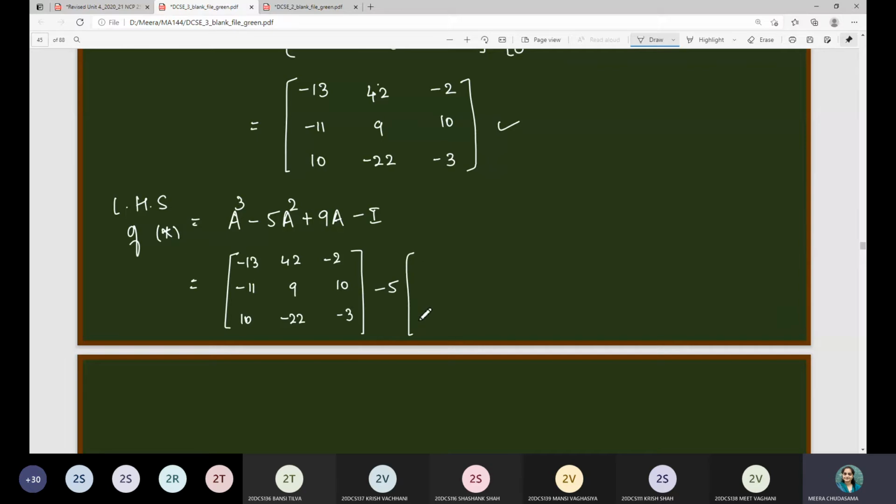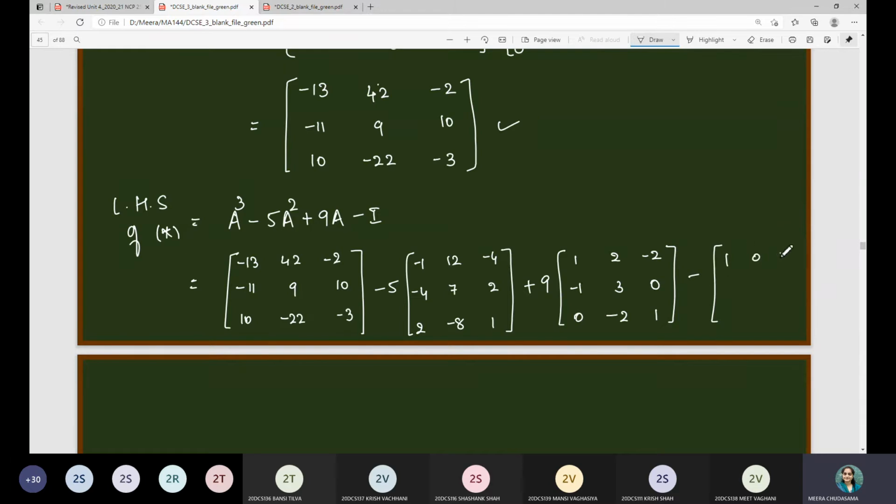What is A square? That is minus 1, 12, minus 4, minus 4, 7, 2, 2, minus 8, 1. Then we have plus 9A, A is 1, 2, minus 2, minus 1, 3, 0, and 0, minus 2, 1. And the last one is the identity matrix, that is 1, 0, 0, 0, 1, 0, 0, 0, 1.